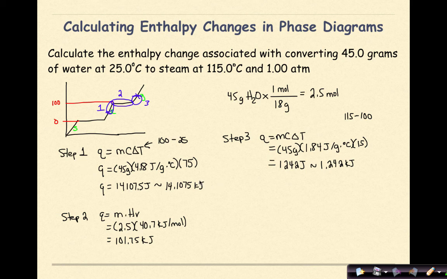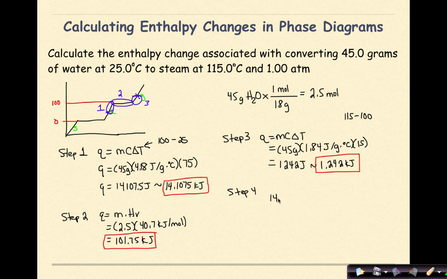My last step is to go through and add up all the energy values for each step. So for step 1, I ended up with 14.1075 kilojoules. For step 2, I ended up with 101.75 kilojoules. And for step 3, I ended up with 1.242 kilojoules. So my final step here, step 4, is to add all those up.